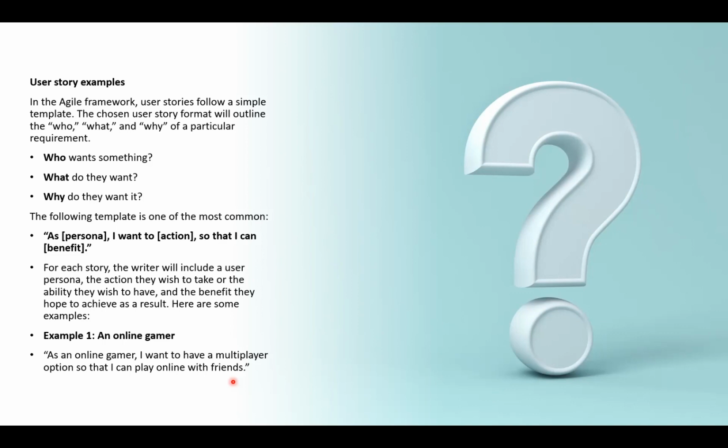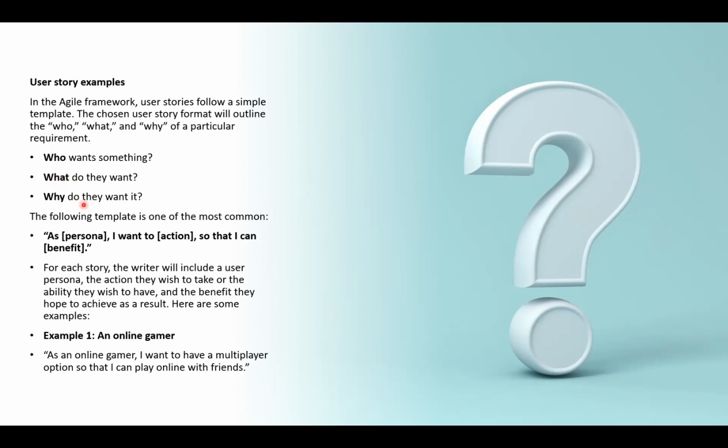So the feature that you want, for example: as a carer, I want to be able to see available holiday slots so that I can book my holidays without issues. So, as a carer, who wants something, what you want and why you want it.